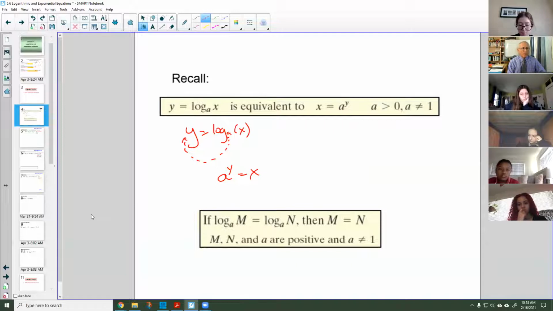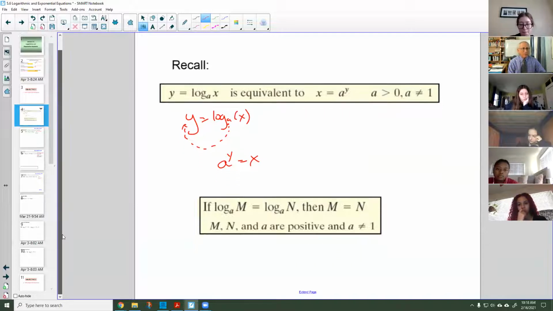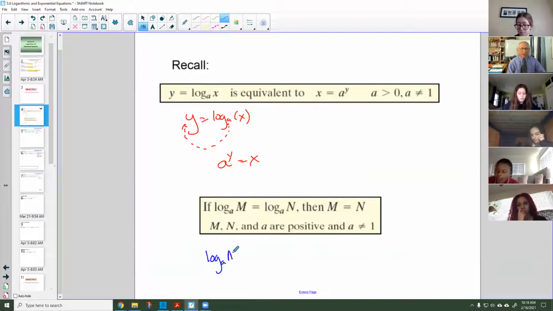Another way is if I have two logarithms with the same base, log base a of m is equal to log base a of n. Well, I don't need the logarithms for that. That means that m is equal to n. So that's another way of getting the argument out of a logarithm.